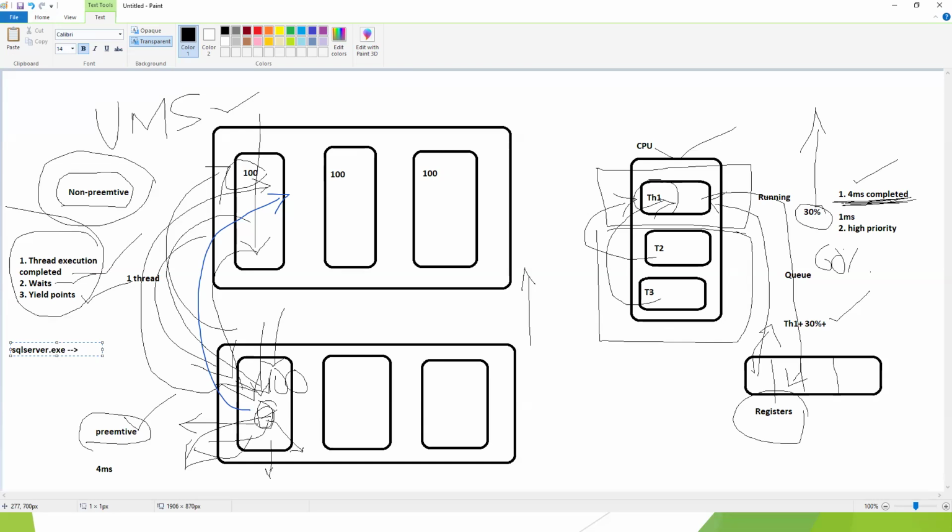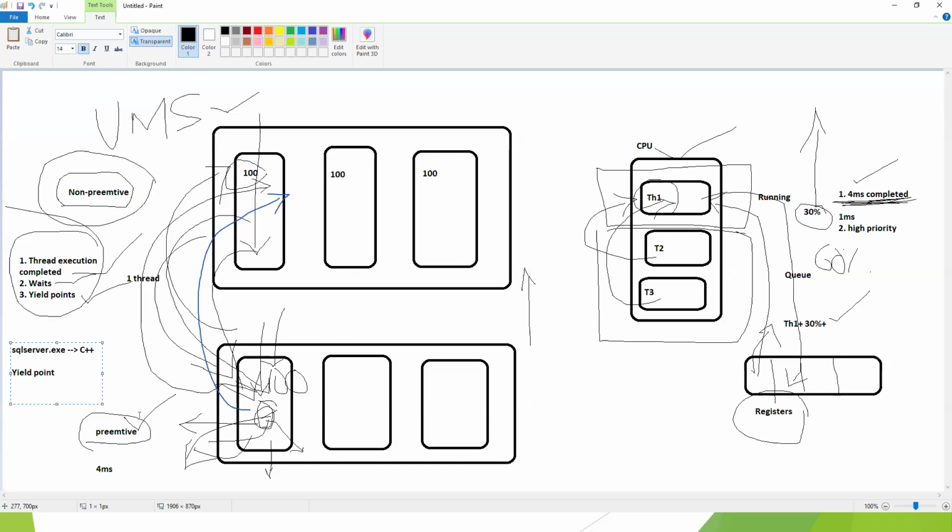I don't know how many of you know, SQL Server .exe is written in C++. Most of the code of SQL Server.exe is written in C++. Whatever C++ code is written in between, there will be some yield points.